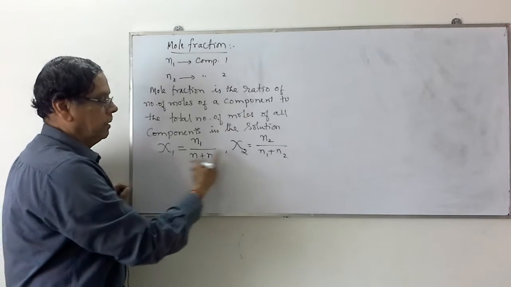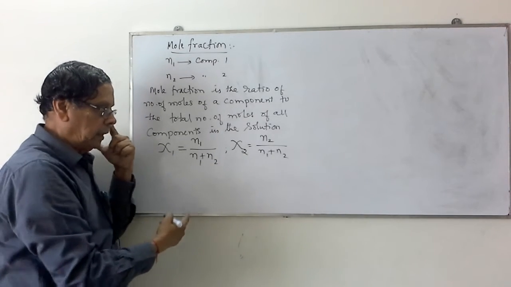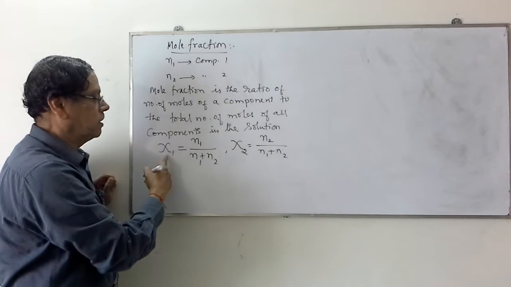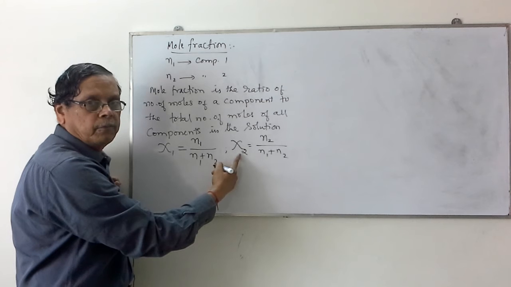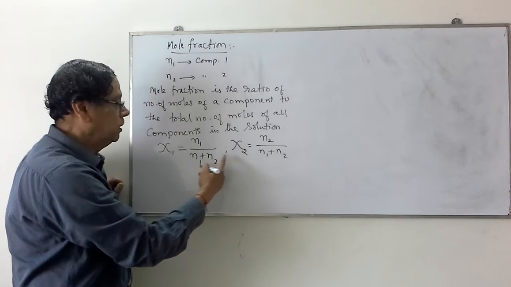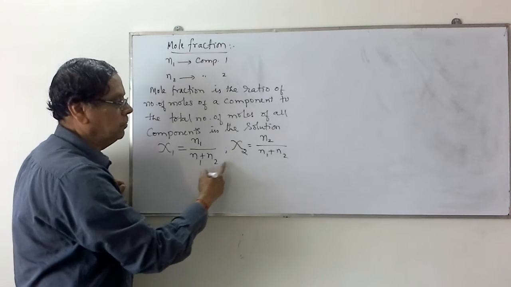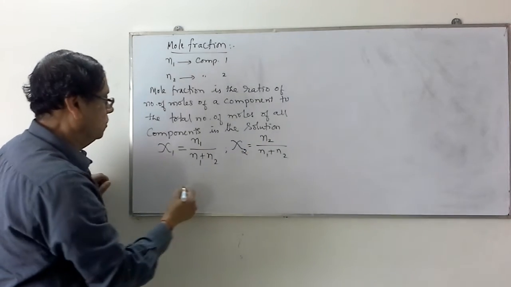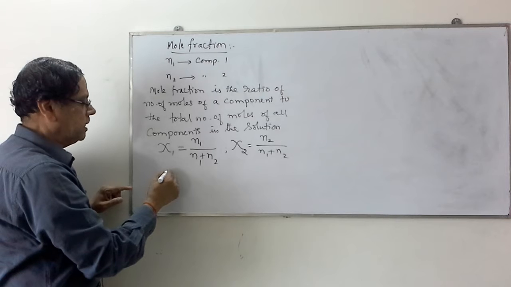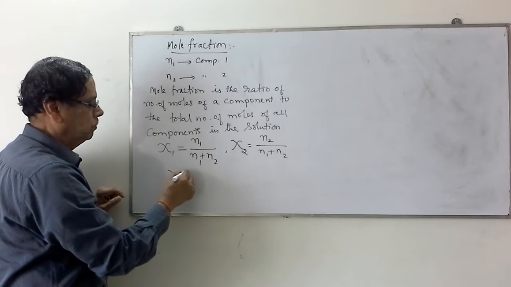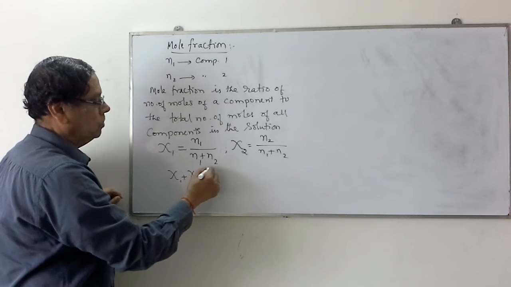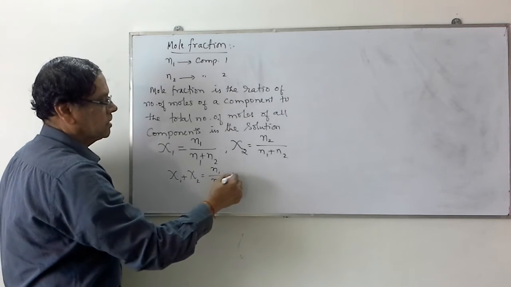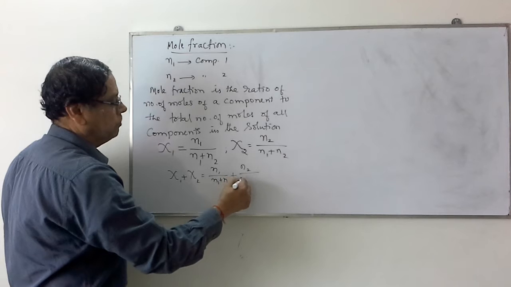So for a binary solution, chi 1 is N1 by N1 plus N2, and chi 2 is equal to N2 divided by N1 plus N2. From these two, we can write chi 1 plus chi 2 is equal to N1 by N1 plus N2 plus N2 divided by N1 plus N2.